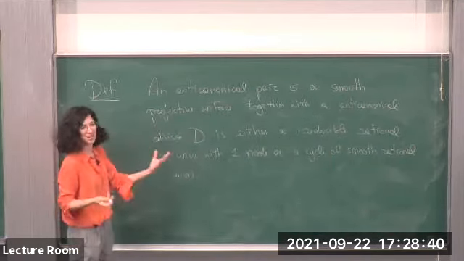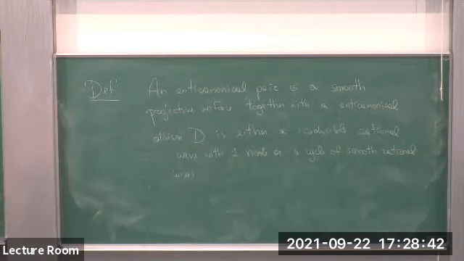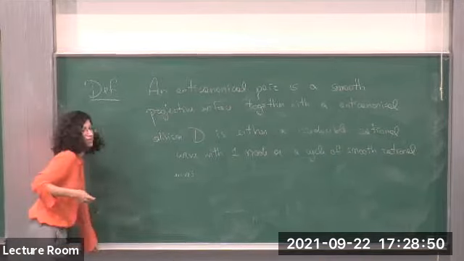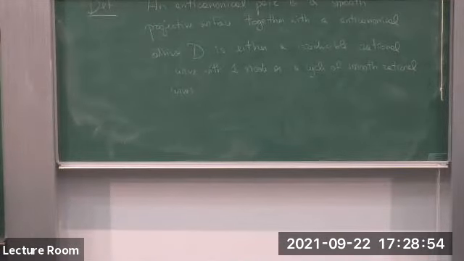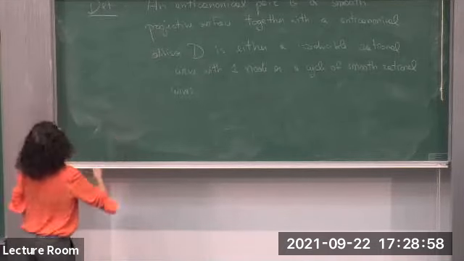So D looks exactly like the exceptional divisor of a minimal resolution of a cusp, especially if we impose that D is negative definite. We're only going to focus on negative definite Looijenga pairs, anti-canonical pairs.